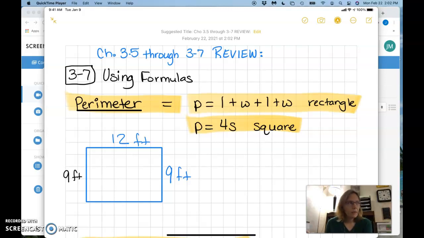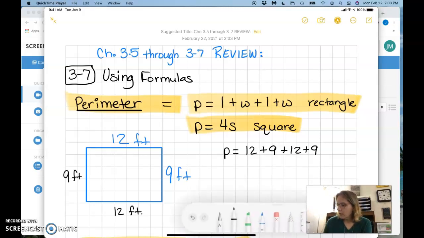And if the top of my rectangle is 12 feet, then the bottom is also 12 feet. And then I'm just going to use my formula and add up all my sides. My length plus width plus length plus width. So I have 12 plus 9 plus 12 plus 9.